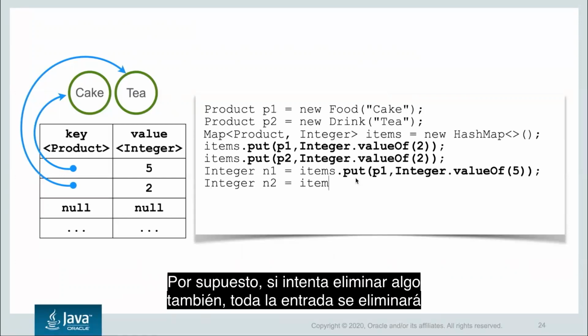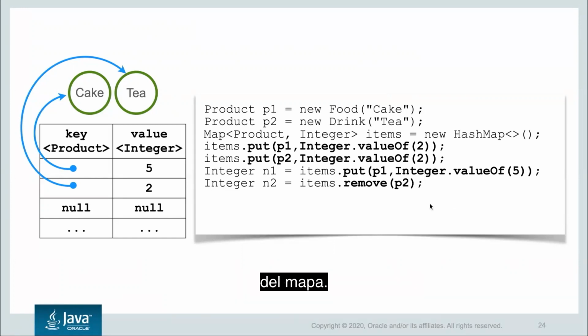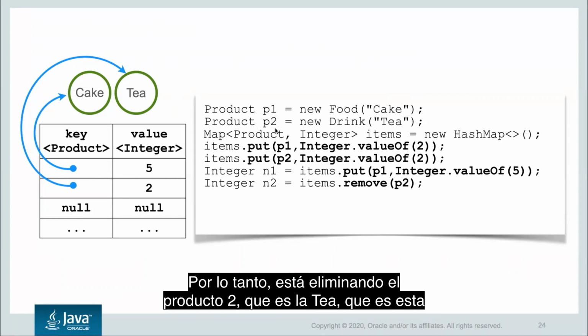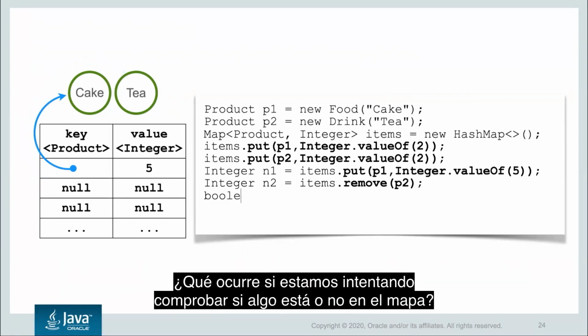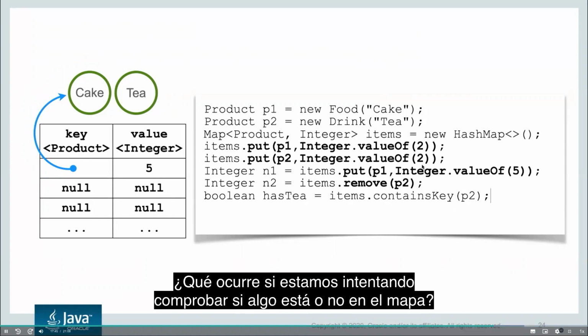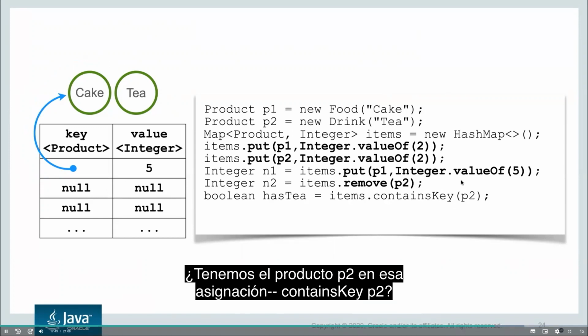Of course, if you try to remove something, then the entire entry will be gone. So you're removing the product P2, which is that key, which is this entry, and it will be just gone. Okay, what if we try to check if something is or isn't in the map? Do we have the product P2 in that map? containsKey P2? Well, not anymore.